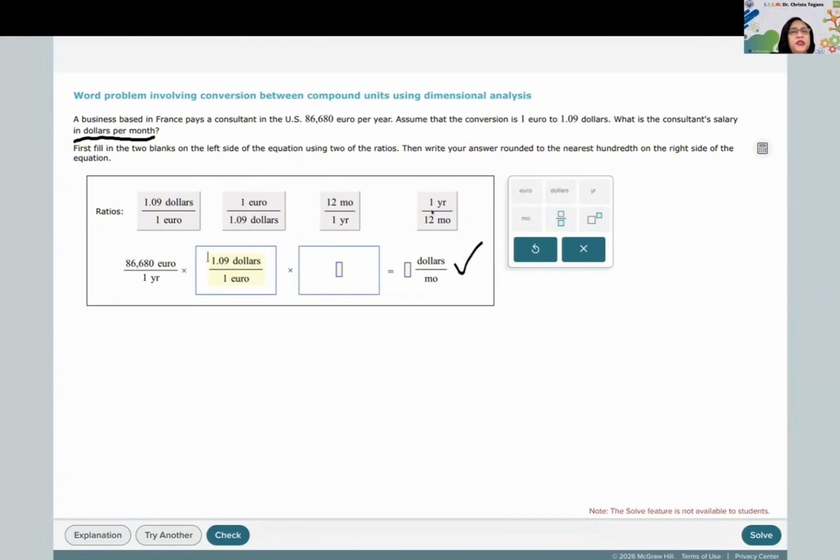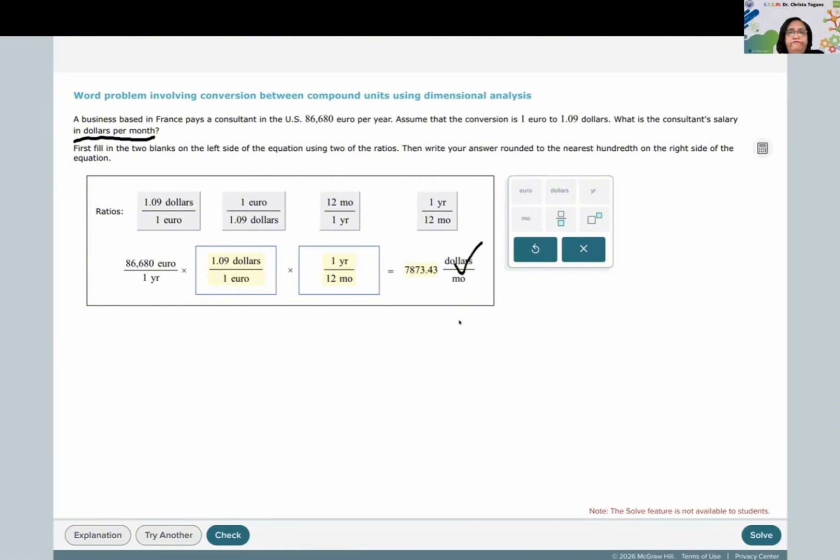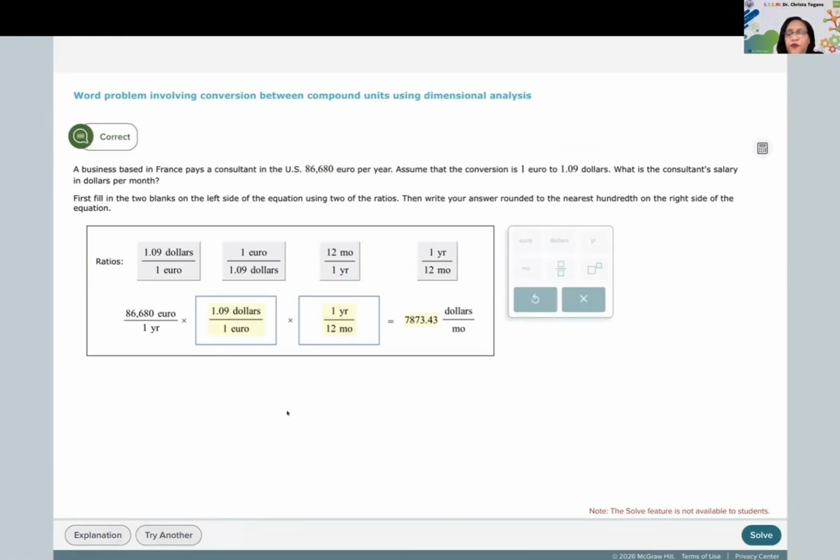So that means that I want to have euro gets crossed out here. And then 86,680 times 1.09 divided by 12. And it says round to the nearest hundredth on the right side of the equation. So 7,873.43.